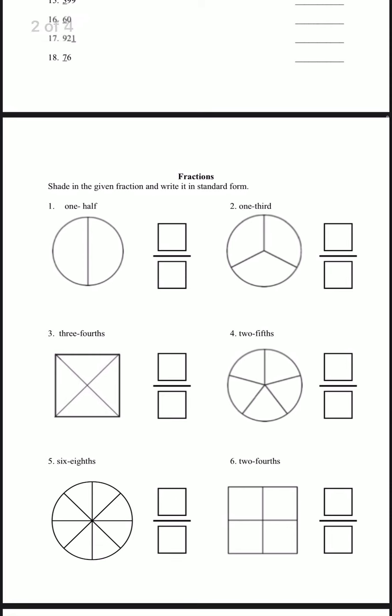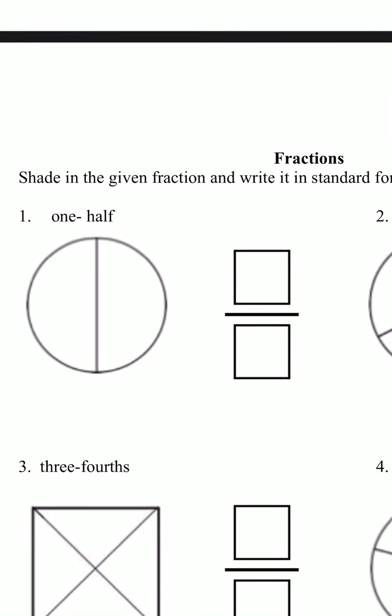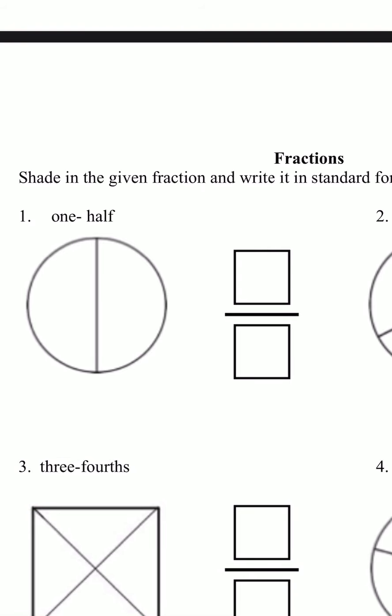Now we have to shade in the given fraction and write it in standard form. Now, 1/2. If you write this as a fraction, the number that comes first is going to be on the top.